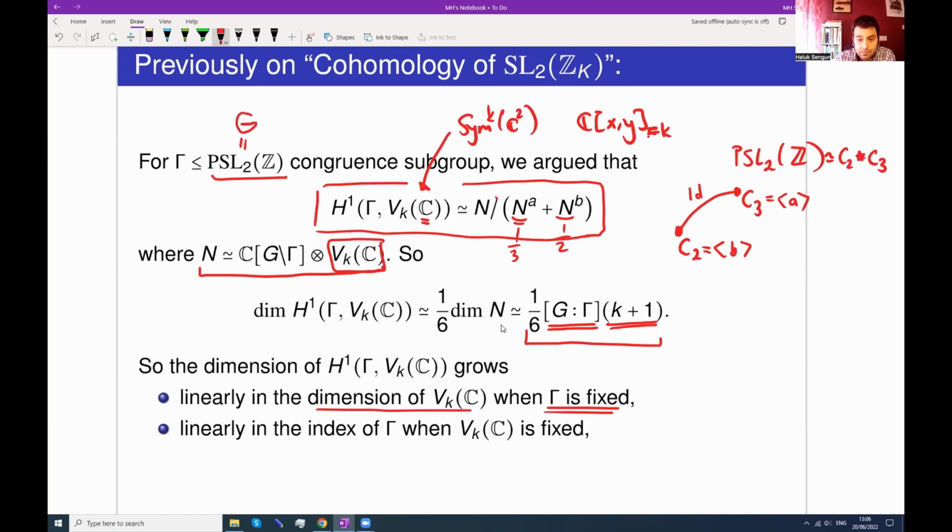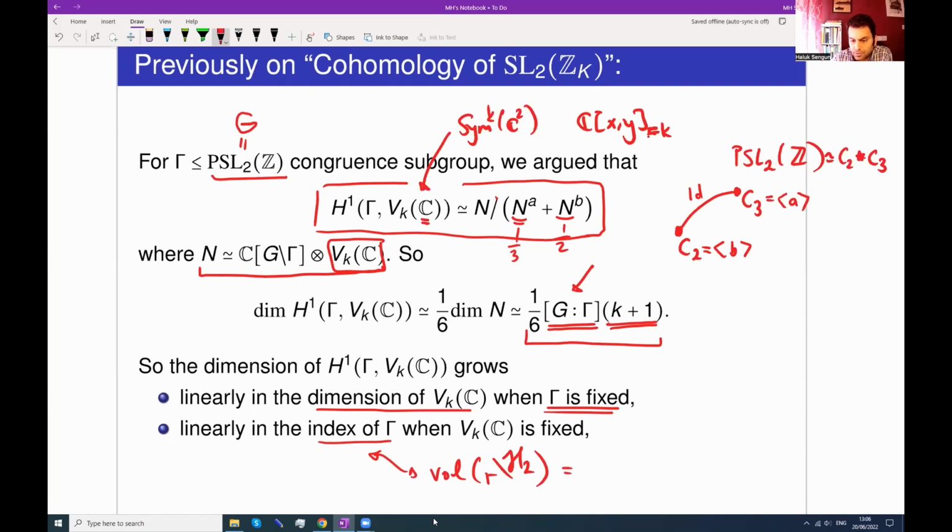On the other hand, you can fix the weight, so this is the coefficient system, and increase the level of your subgroup, and then you'll see that the dimension grows linearly, this time in the index of the congruence subgroup, which of course is essentially the same as the volume of the associated hyperbolic 2-fold.